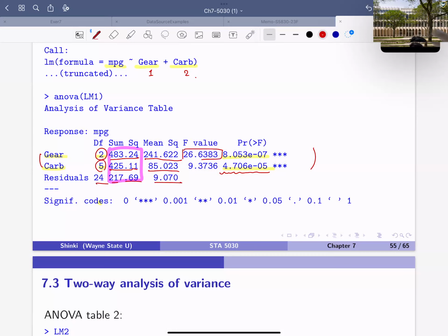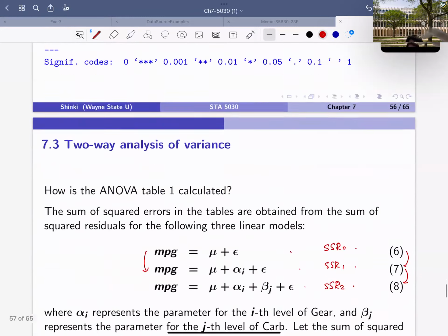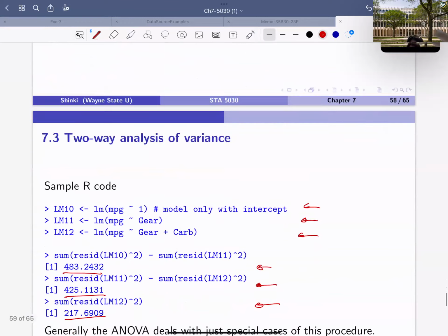And the F value is the ratio of this MSD divided by this MSD. Then this F statistic follows the F distribution with degrees of freedom 2 and 24. And then we can calculate this p-value. So almost all of it we can do in the same way.